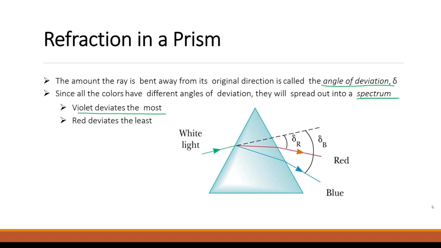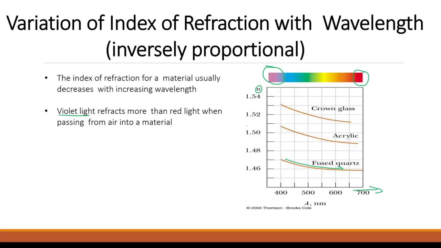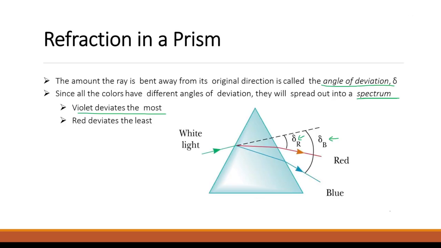So you get a much greater value for delta of violet, or blue. Blue would just be a step down from violet, the second most deviating. And you just notice how much smaller the angle of deviation delta R for red is than that of delta B, which happens because of this phenomenon we talked about here.